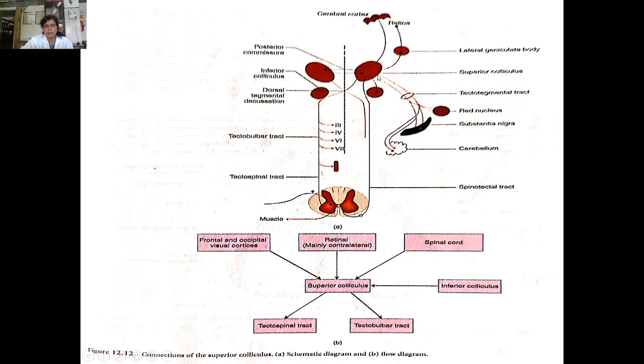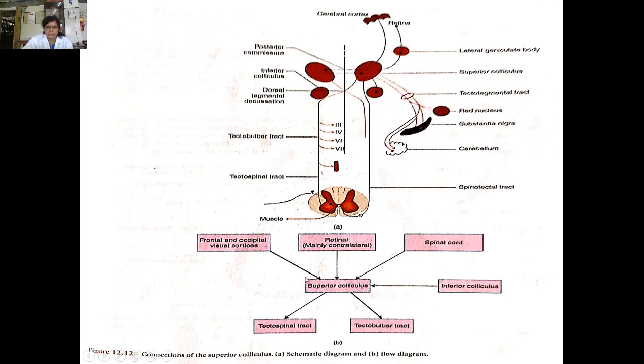Main efferents of this superior colliculus form the tectospinal tract and the tectobulbar or tectonuclear tract. Some efferents go to the opposite superior colliculus and the same side inferior colliculus, and some efferents go to the lateral geniculate body.